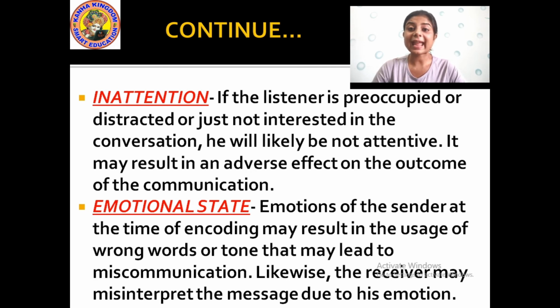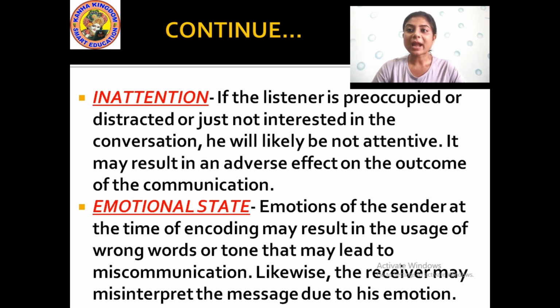You cannot send anything which is going against the emotion of the person. That may lead to miscommunication and it may create conflicts between two people. So you must also keep the emotion of a person in mind while sending a message, while encoding a message, that means while creating a message.